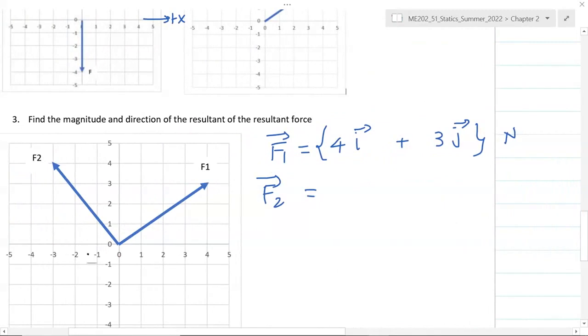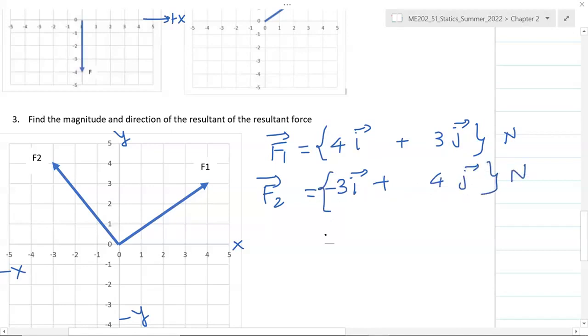F2 is negative along x because this is positive x, this is positive y. This is negative x and downward is negative y. So this is minus 3 units. So minus 3i plus 4j newtons. To find the resultant of these two, we need to add them together.